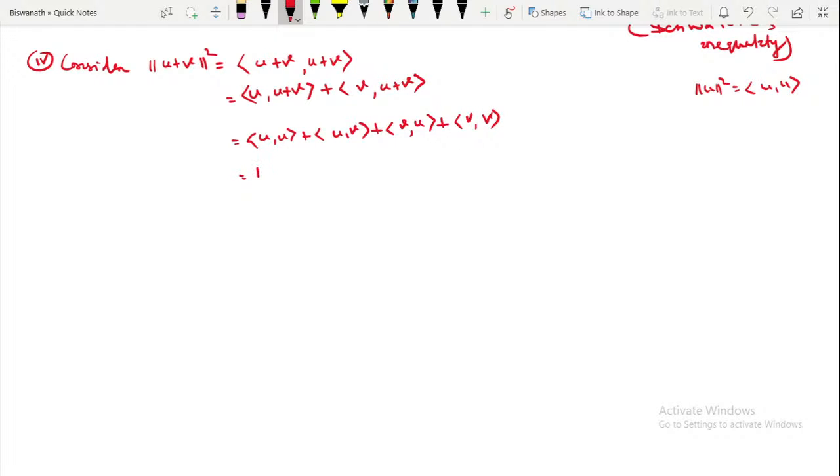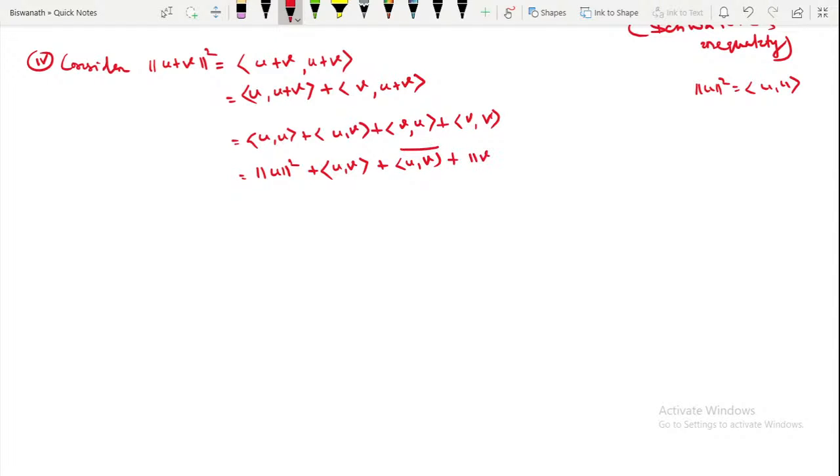Then u comma u inner product is your norm u square, and this is u comma v, and this is v comma u. So we can add: u comma v inner product plus, in place of v comma u, we can interchange its position by giving a conjugate sign here.